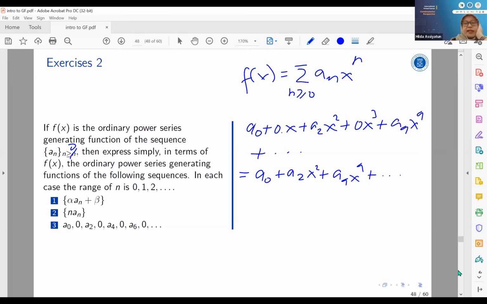So what is this in terms of f? Anyone? What is this?